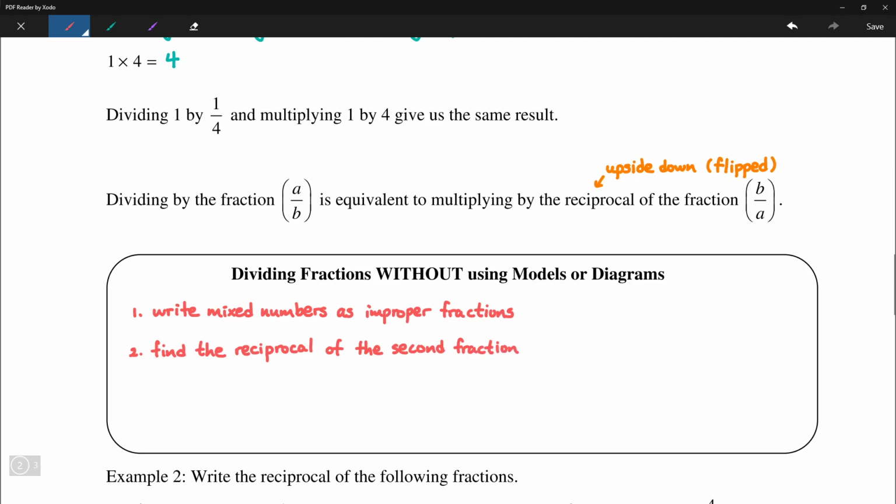After that, we can multiply instead of divide. And finally, we can reduce and rewrite as necessary.